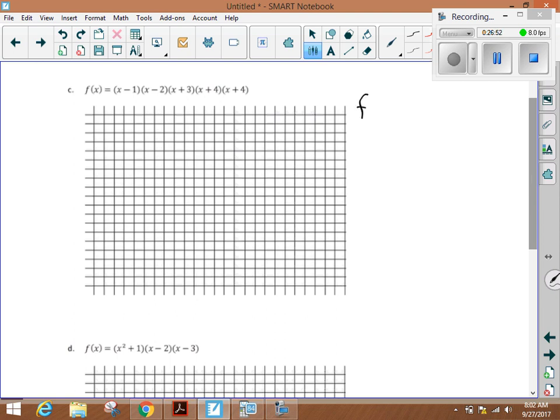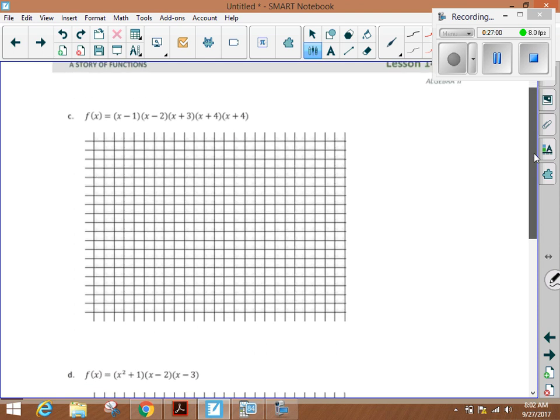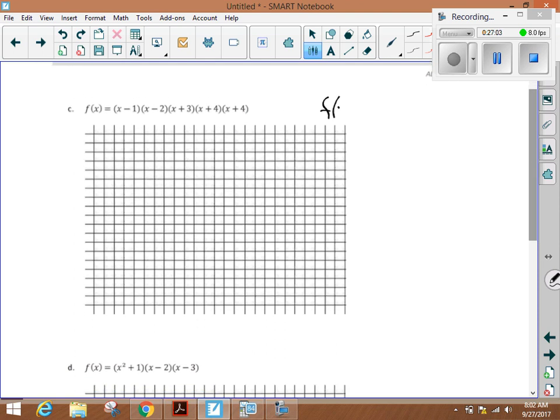So I'll rewrite this as f of x equals x minus 1 times x minus 2 times x plus 3 times x plus 4 squared. I will draw my x and my y axes.